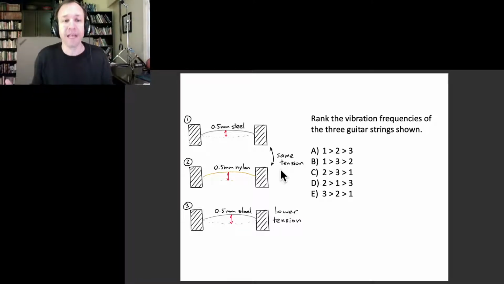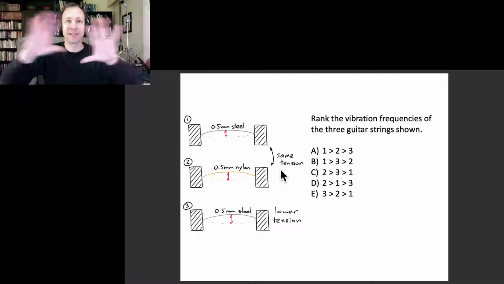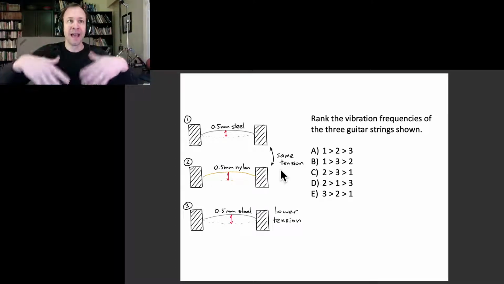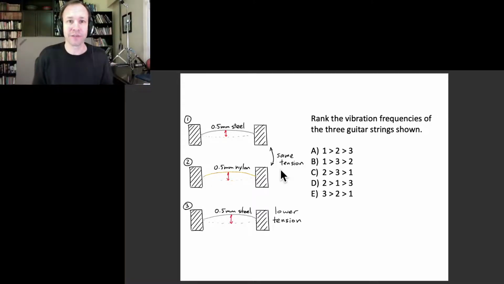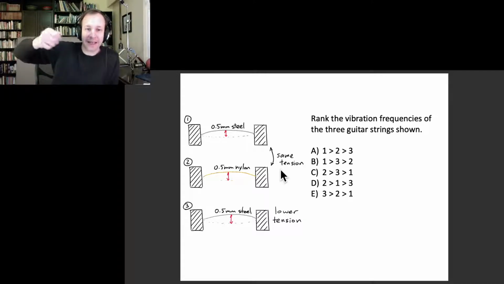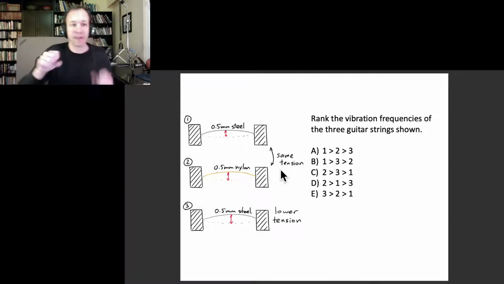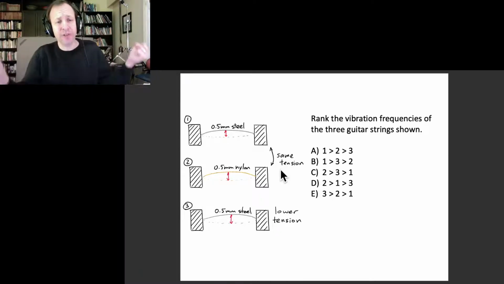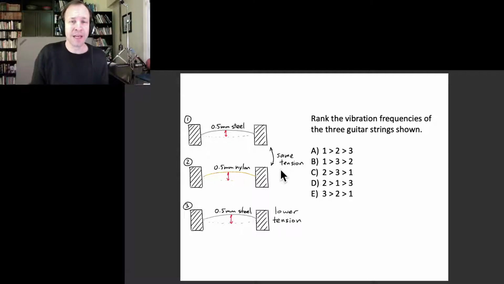So if I had no tension, that means the string is just sitting there floppy and it wouldn't have any restoring force at all. So the tension, which is the thing that I change by turning the tuning knobs on a guitar, so I increase the tension or decrease the tension, is the same in these two cases. Okay, so that is basically that the restoring force is the same.